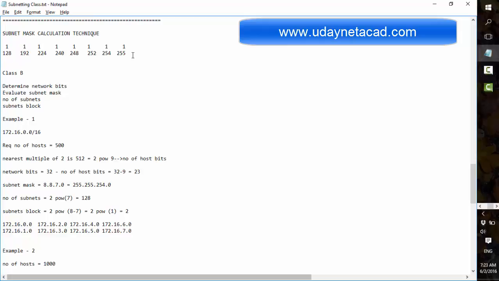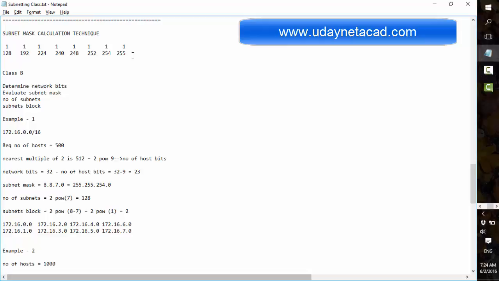Each bit has a value, that is 128, then 192, 224, 240, 248, 252, and so on. These values are used for calculating the subnet mask depending upon the number of network bits used in that particular octet.